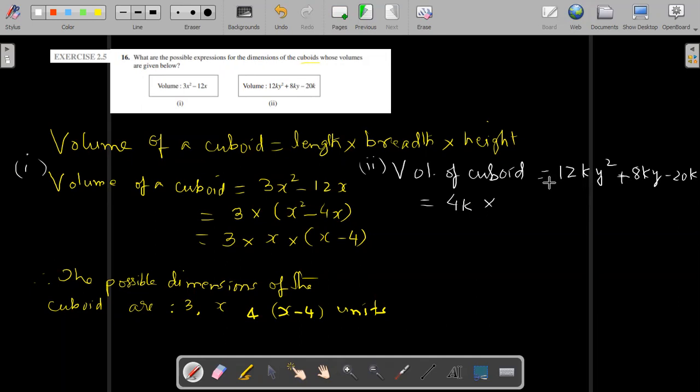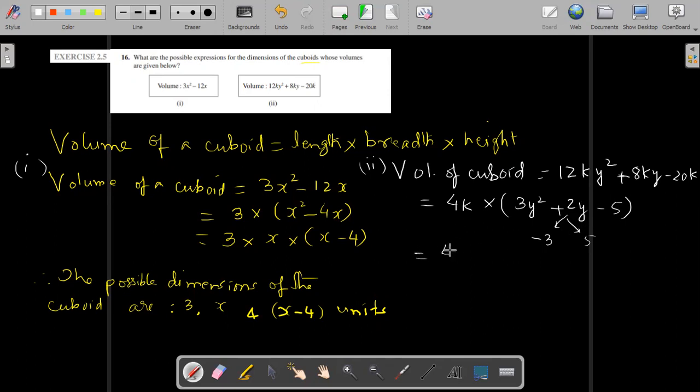So if you take 4k common, you are left with 3y square, and 4 into 8, so 2y, and 4 into 5 is 20, so minus 5. Now you can split this 2y into 2 parts: 3 into 5 is 15, so minus 3y and plus 5y, because 5 minus 3 is 2.